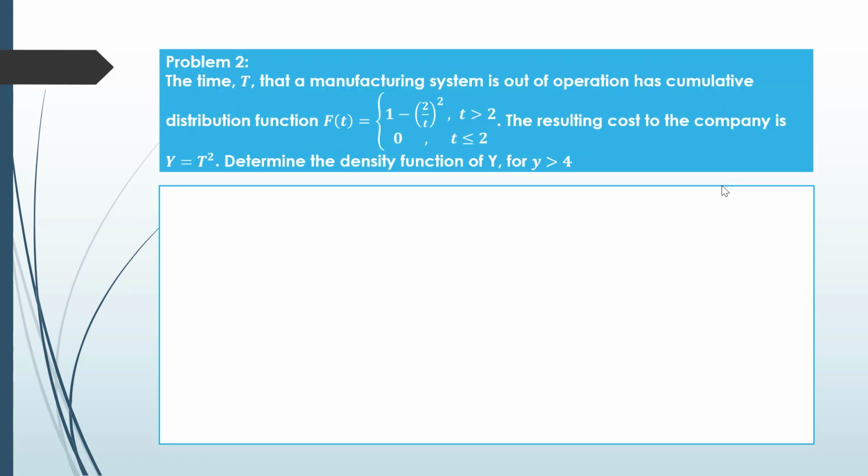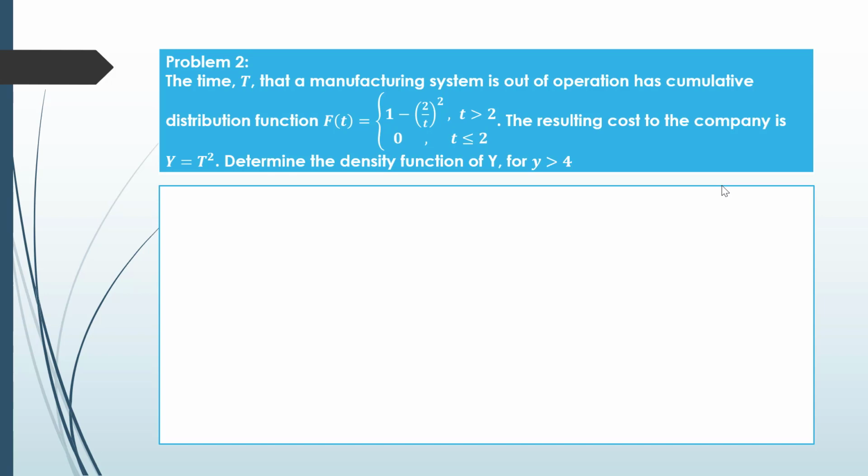Problem number 2. Let time T that a manufacturing system is out of operation have cumulative distribution function capital F of t equal to 1 minus (2 over t) squared when t is greater than 2, or 0 otherwise. The resultant cost to the company is Y equal to T squared. Determine the density function of Y for y greater than 4.